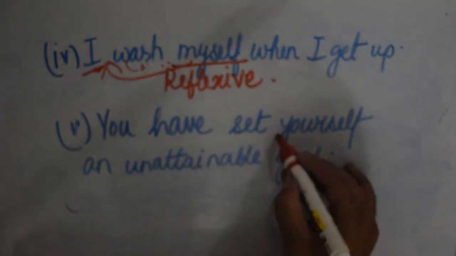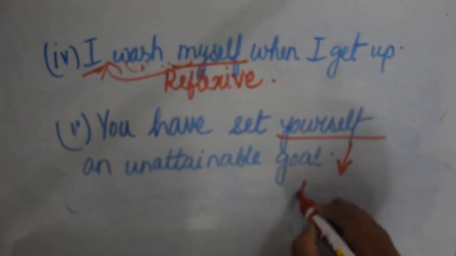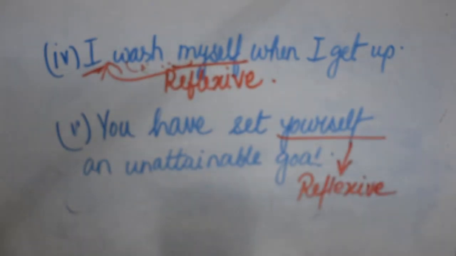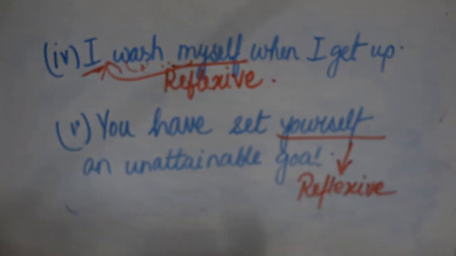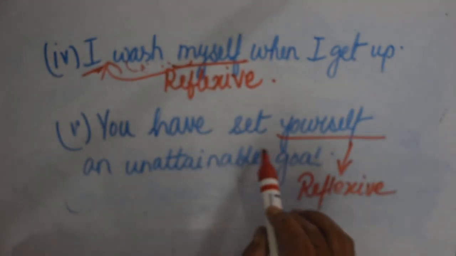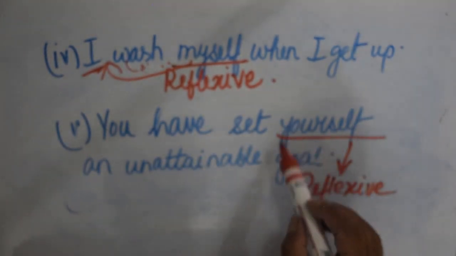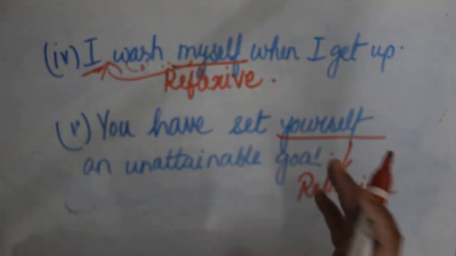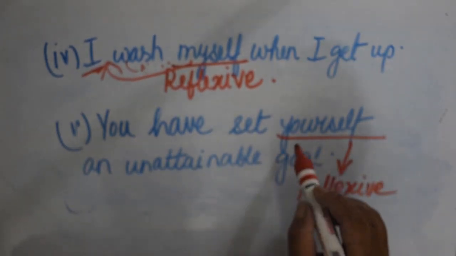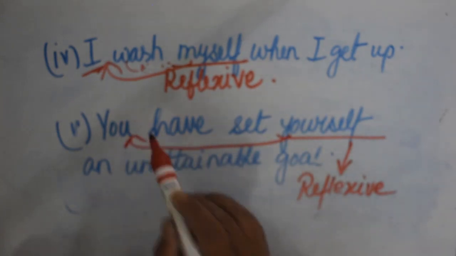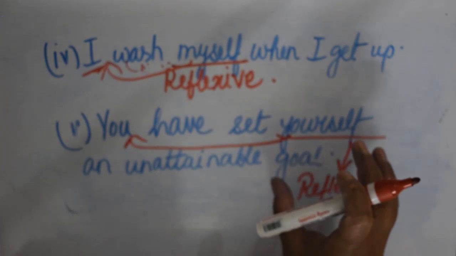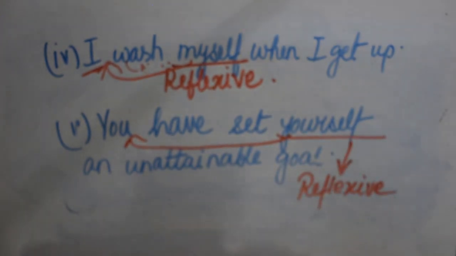Yourself will again be a reflexive pronoun because you have set what, an object, that is yourself. You have set yourself, whom, yourself, a goal, and this object is getting connected to the subject itself, and if you omit the word yourself, then the sentence becomes incomplete.